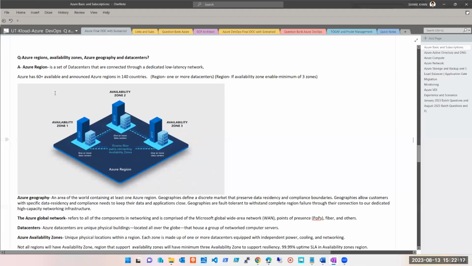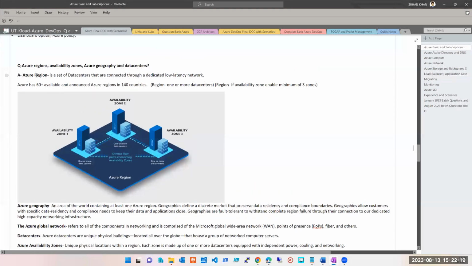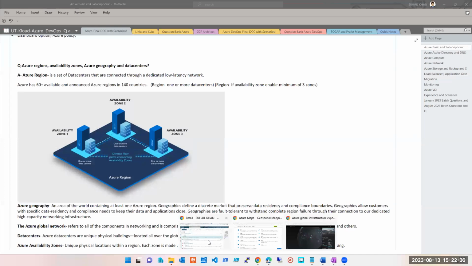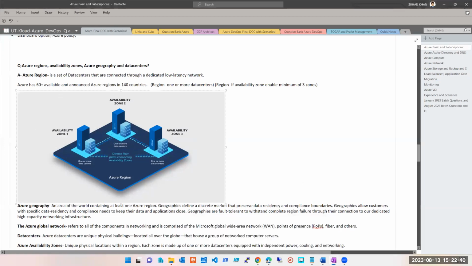We have 2 minutes, so quickly let's read the definition. What is an Azure region? A region is a set of data centers that are connected through a dedicated low latency network. The explanation is something else, but the interview answer should be this. When it says set of data centers, do not imagine just this.